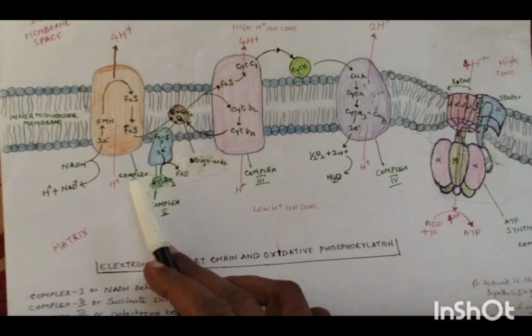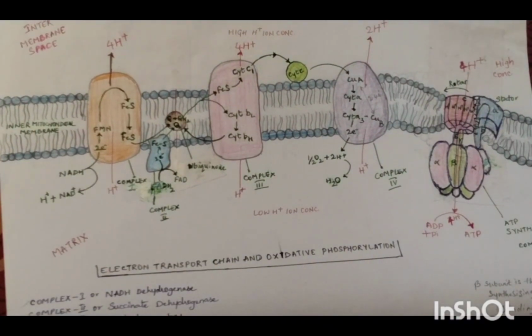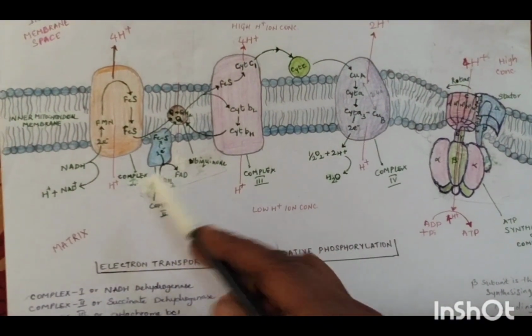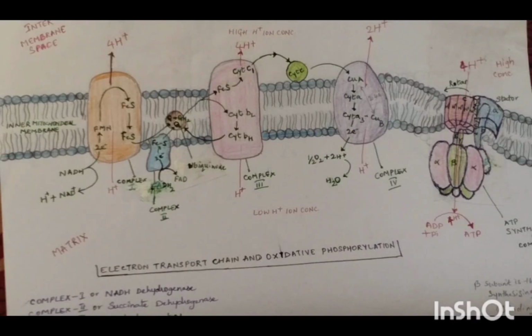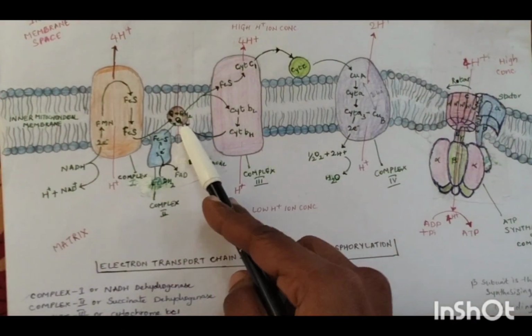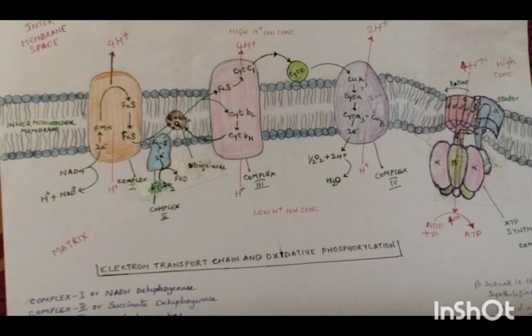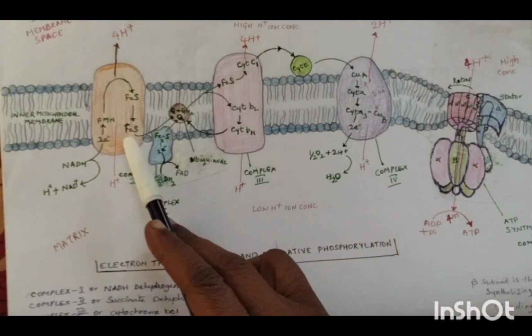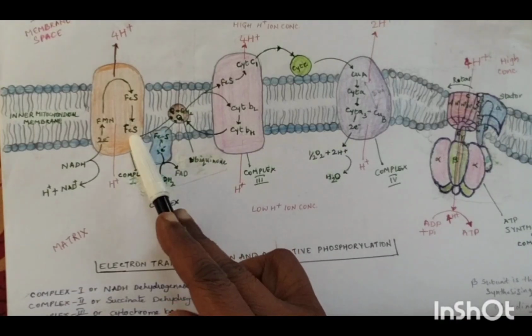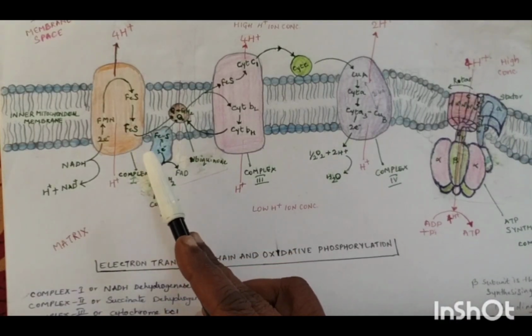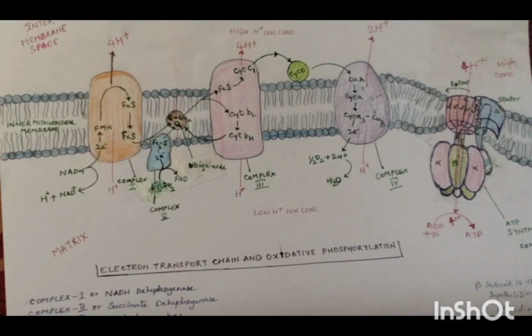Coming to complex 1, it is called the NADH dehydrogenase complex, which passes electrons from NADH to ubiquinone. It contains 1 molecule of FMN and 6 to 7 Fe-S clusters that participate in the electron transport process.